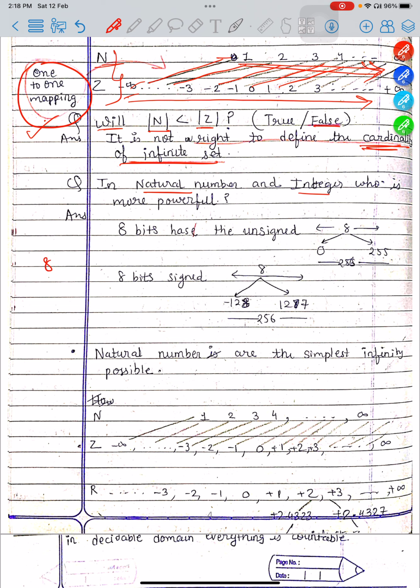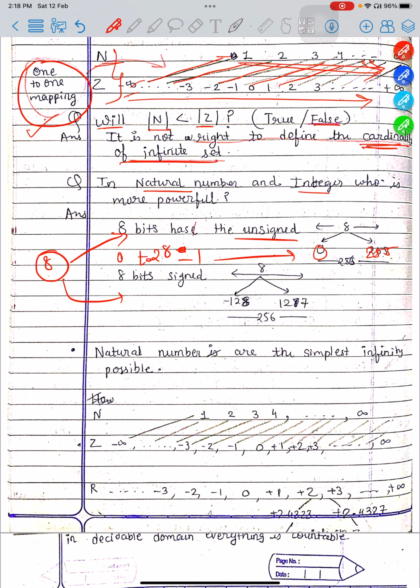If we are given 8 bits each, the natural number will give us an unsigned range of 0 to 2 raised to 8 minus 1, so 0 to 255. 8 bits in integer will give us signed values like minus 128 to 127, but the total of both will be 256.